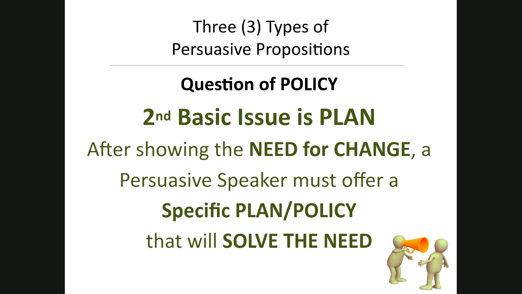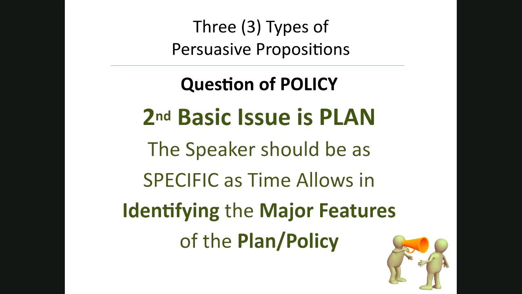After we show that there's a need for change, a persuasive speaker must offer a specific plan or policy that's going to solve the need that we identified initially. The speaker should be as specific as time allows in identifying the major features of the plan or the policy.